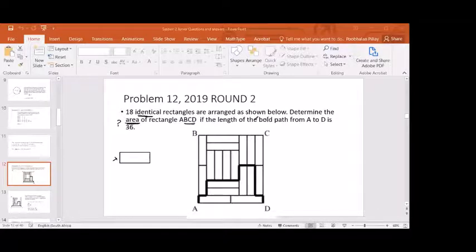So if I can work out this length in terms of x, then I have an equation. I can say that length equals 36, and I have an equation involving x, and I can solve it. So that is a strategy. So I'm going to call this x. I don't know that as well. Okay, so we can call that y.